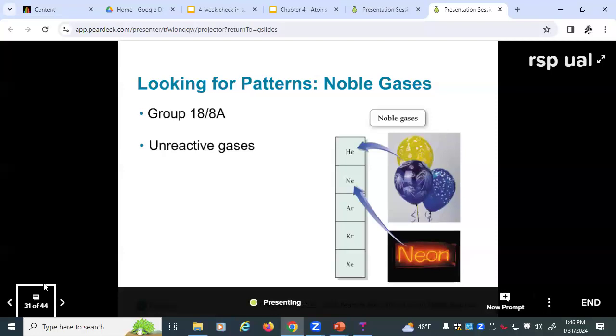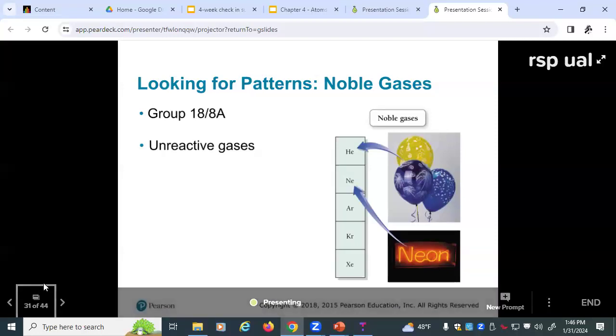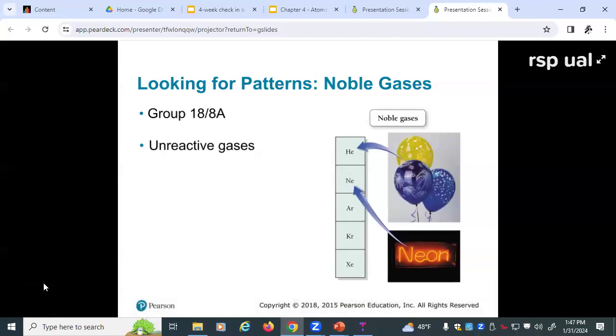The last group that we're going to take a look at, the noble gases, group 18, group 8A, these are the unreactive gases. And so that particular group on the periodic table is unique in the sense that it is the only group on the periodic table where none of its elements form compounds.